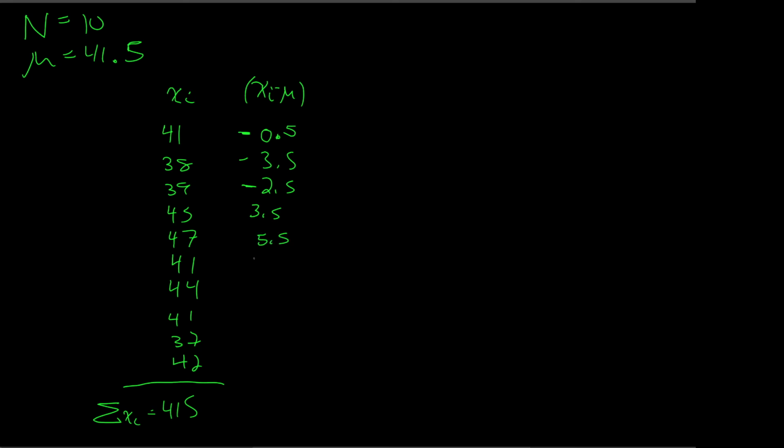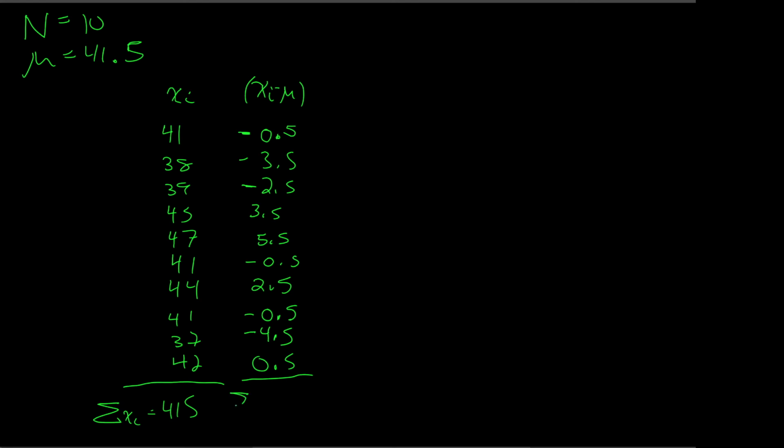And let's see, 41, this is a negative 0.5. And this is 2.5. This is negative 0.5, negative 4.5, and 0. So I've taken this number and I've subtracted from it the mean. And that gives me this entire column.